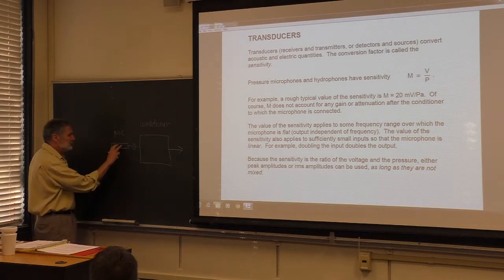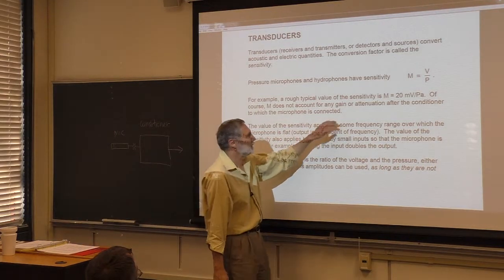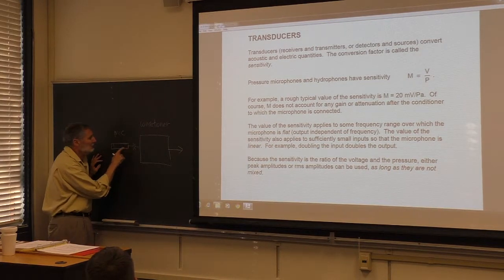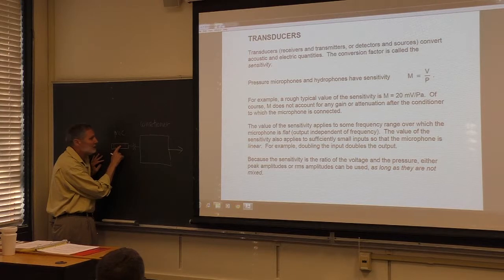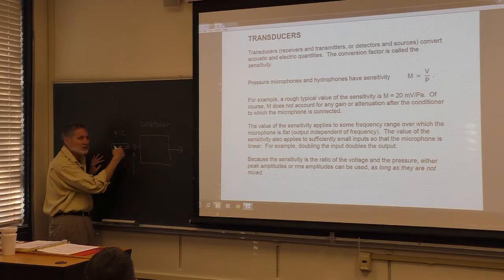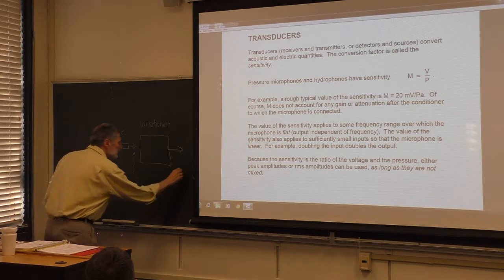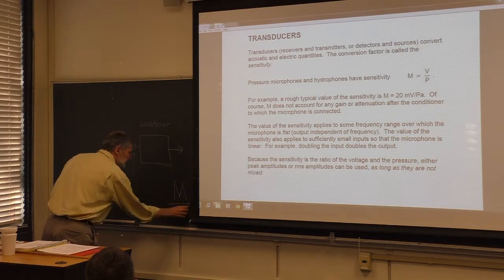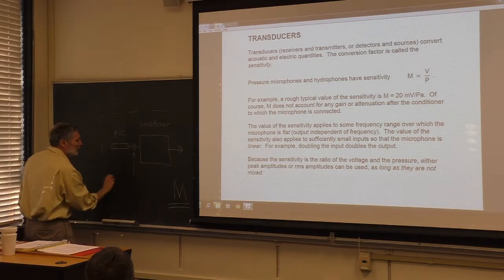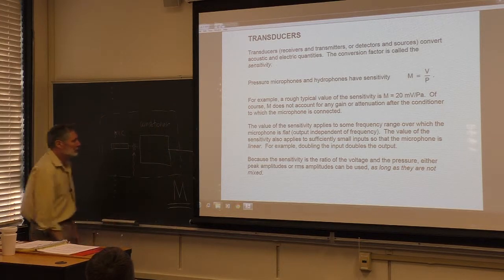Often the signal coming out is very weak. If you didn't have some preamplification, noise will be introduced in the cable. When people talk about the sensitivity, it's what's coming out. This is all one unit.